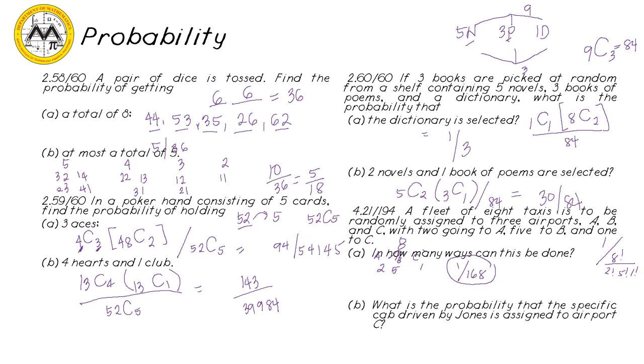Since there's only 1, we're just going to have the remaining 7. We fix Jones here. So from the 7, we're going to have 2 and 5. So that's 7 factorial over 2 factorial, 5 factorial. So this is 1 over 21 if Jones would be on a specific airport.